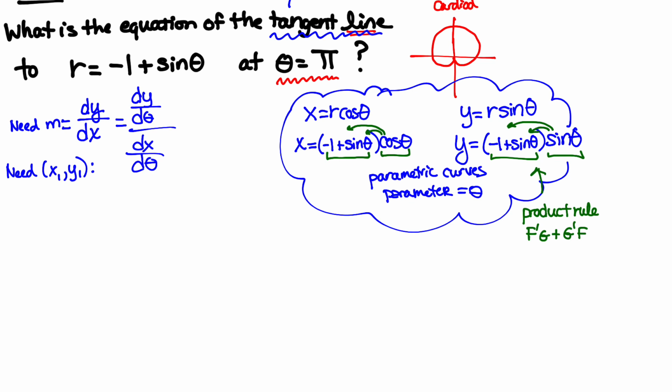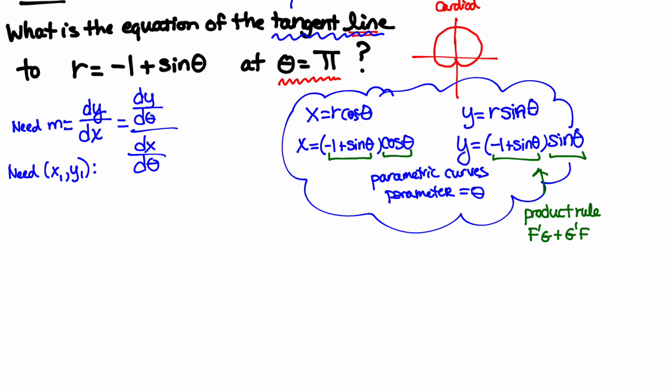Or, if we decide to multiply it out first, then we have to be wary of using a chain rule when we take our derivative. So either one works. We just have to be wary to use the exact things that are necessary to get us the correct first derivatives.